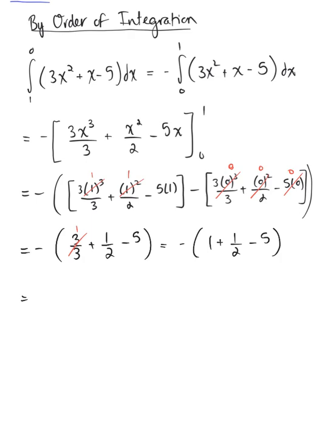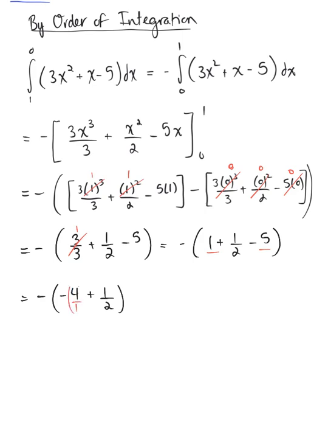And so I can at least start here by combining these whole numbers, or these integer values, 1 and negative 5. So I have minus a negative 4 plus 1/2. And so to combine with this fraction here, no decimals allowed, we want to make sure that we get a common denominator.